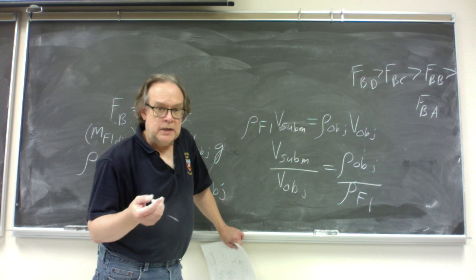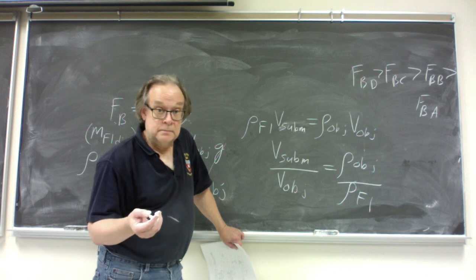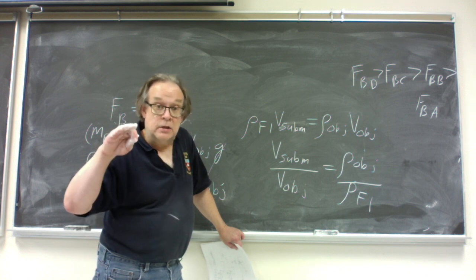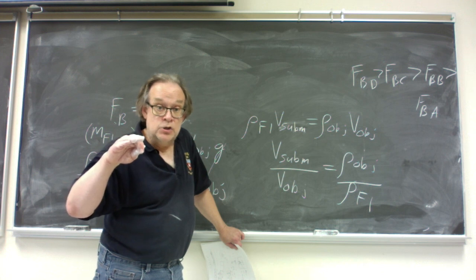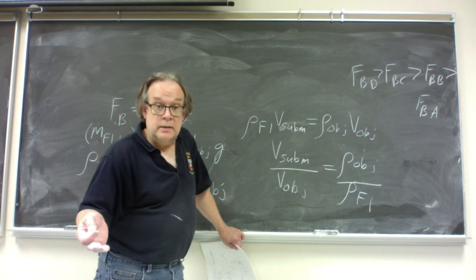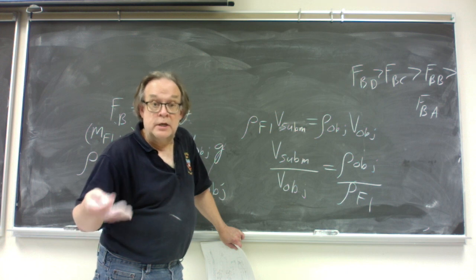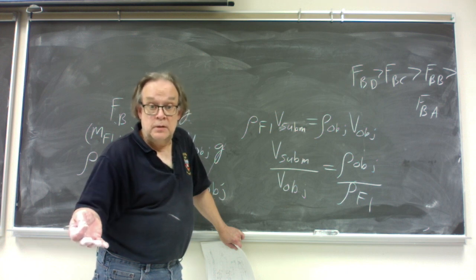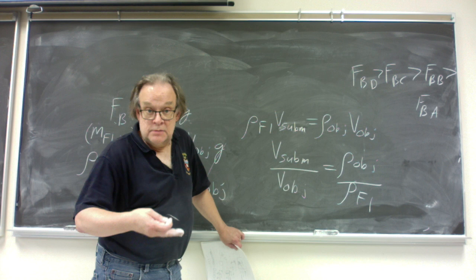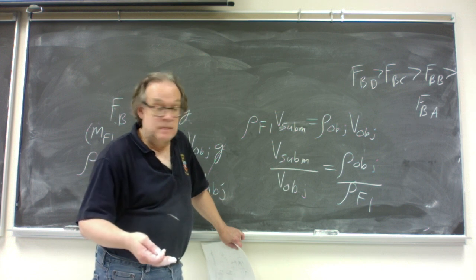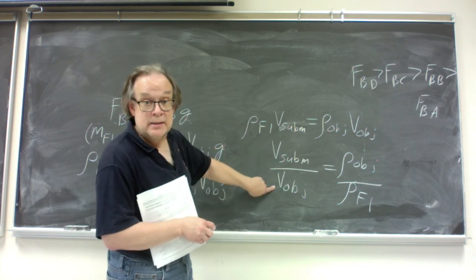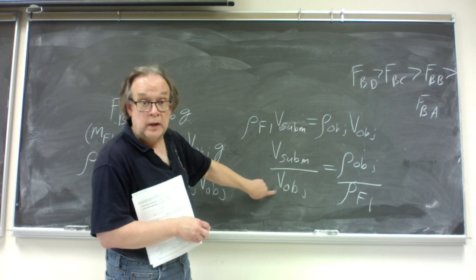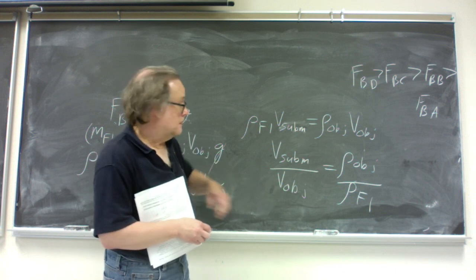Well, if the object is floating, then there's at least a little bit of it that's above the surface of the fluid. So if the object is floating, only some fraction of the object is beneath the surface. That is, the volume submerged is less than the whole volume of the whole object.